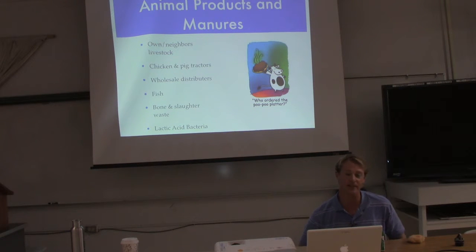You can use fish. It is a great source for nitrogen, potassium, and phosphorus. I strongly recommend that. That's what I use. Fish waste from Seaweed. All you need to do is get over to Seaweed at about 10 o'clock, and they have buckets and buckets and buckets of fish waste that they throw away.